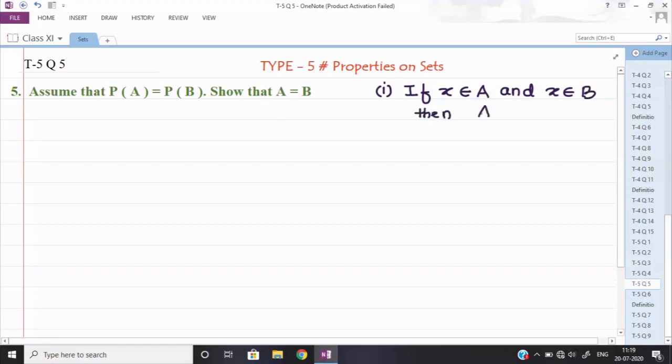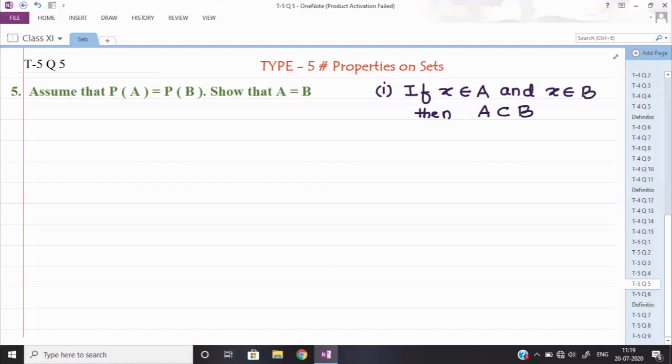A will be a subset of B. Because if I say that every element of A lies in B, then A will be a subset of B. Here every element we are denoting by the symbol x.